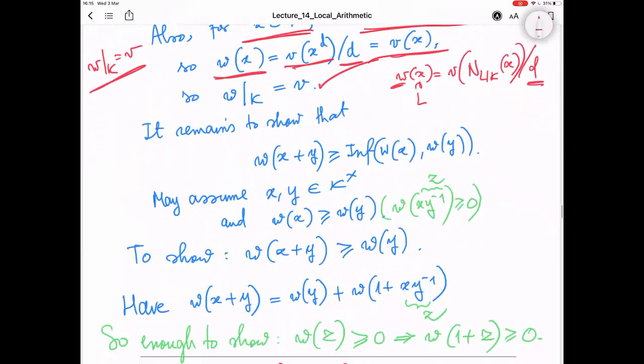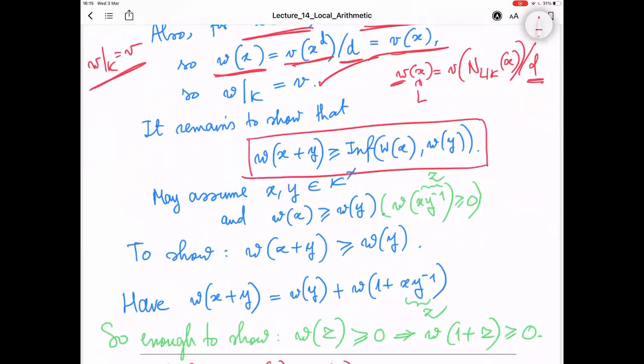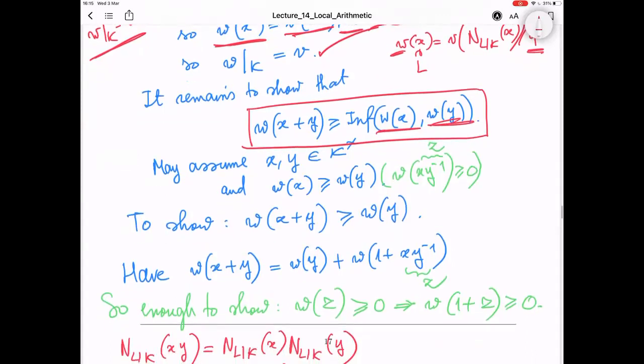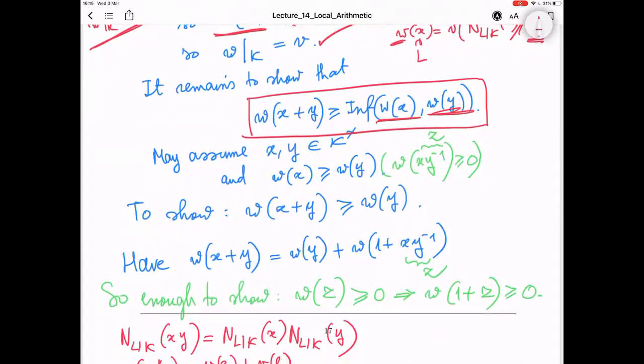So the main thing is to check this property of valuations, that the valuation of a sum is bigger than the smaller of the two valuations of the summands.